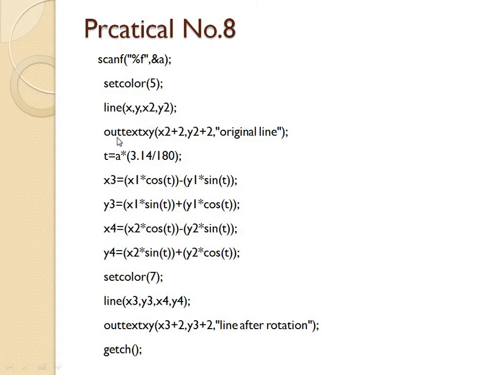Then we use outtextxy, a function of the graphics.h header file. By using this function we put the x and y coordinates, and at this location we display the message "original line".